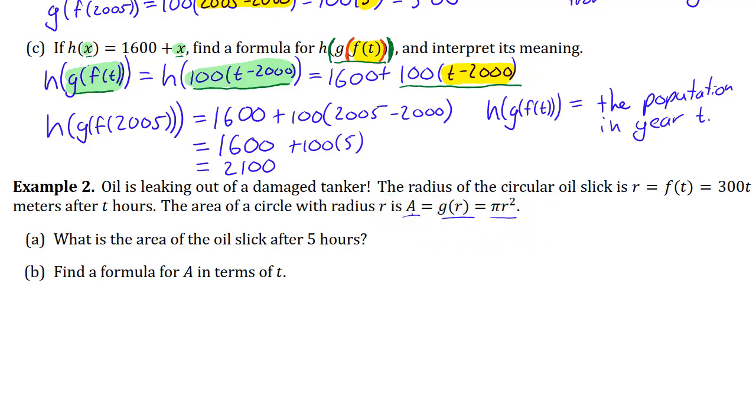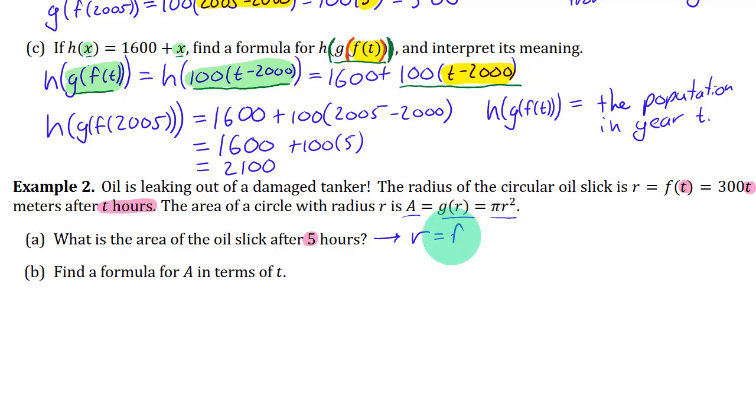So what is the area of the oil slick after 5 hours? Let's do part A here. So after 5 hours, that 5 here is the number of hours that we're talking about. And so we can find what the radius is at that point.